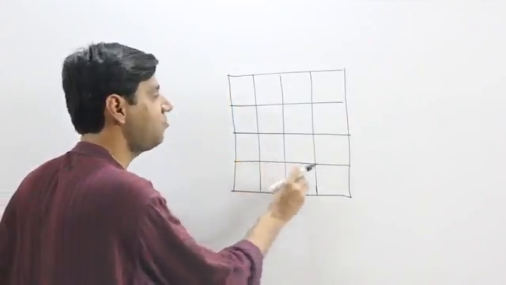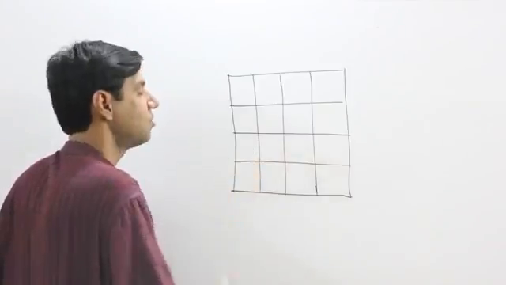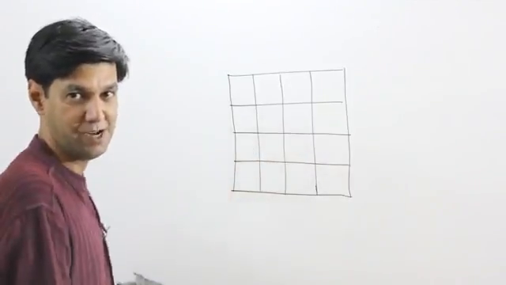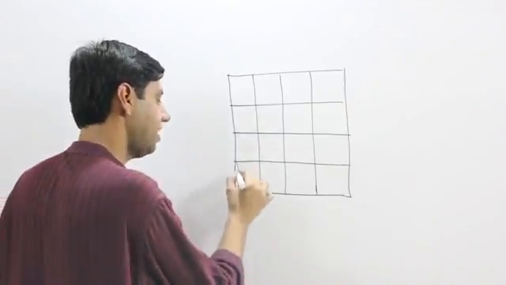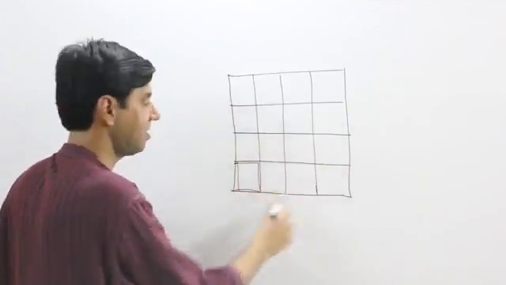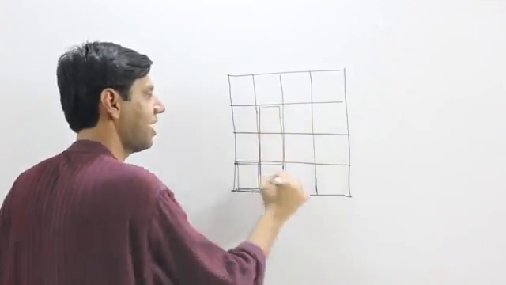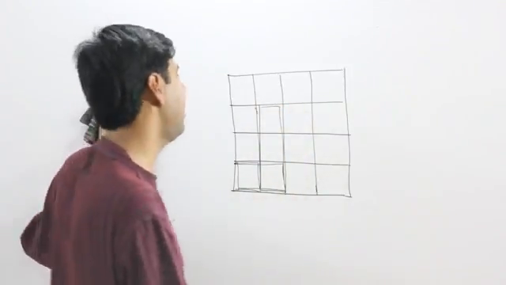So each individual one would be a square, right? If the question is asked how many rectangles are there over here, square is a rectangle, so that would obviously be 16, but isn't this also a rectangle? Isn't this vertical one also a rectangle? So the same logic works.